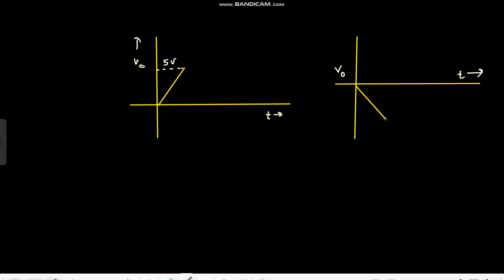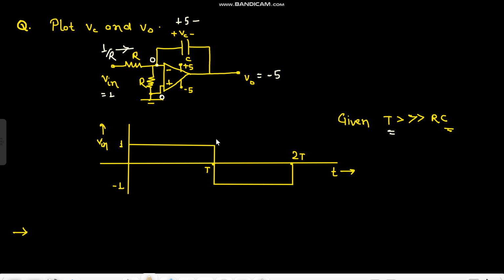So it would be -5. Now what happens? Now this capacitor would charge exponentially. Why? I have explained in the previous video.